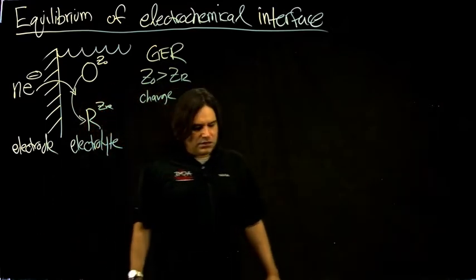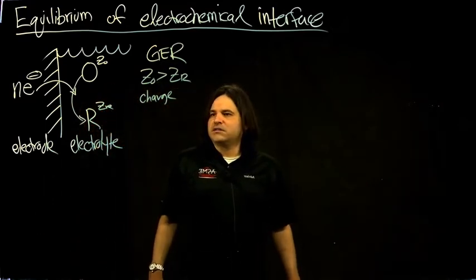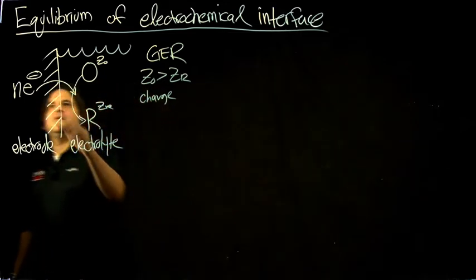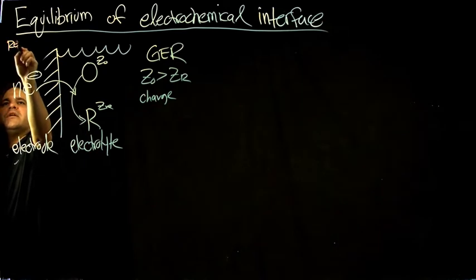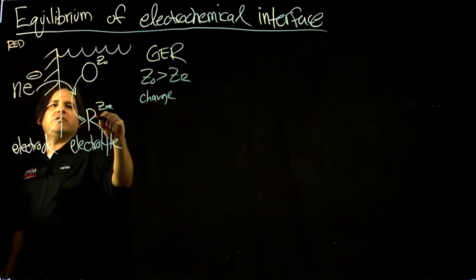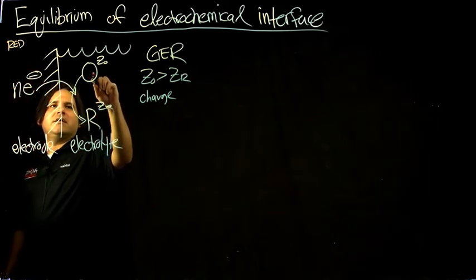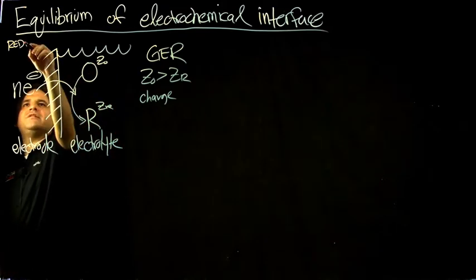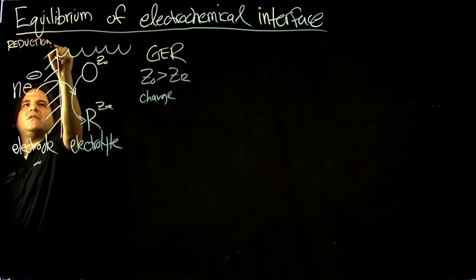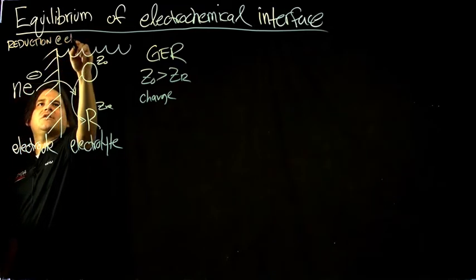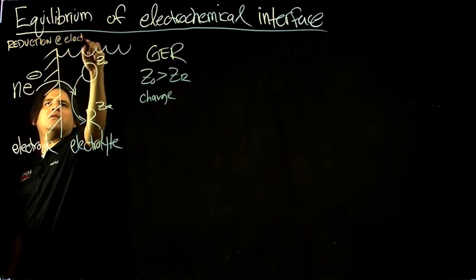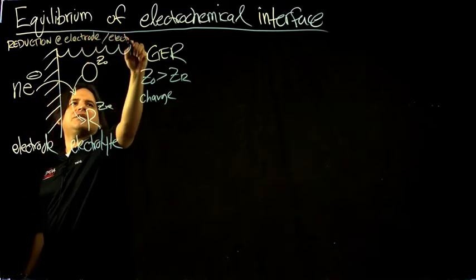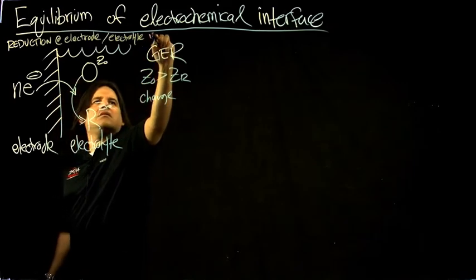Okay, so that's this redox. Let's say this is an oxidation-reduction because this gets reduced and converted from the O species to the R species. So this would be a reduction at the electrode-electrolyte interface.